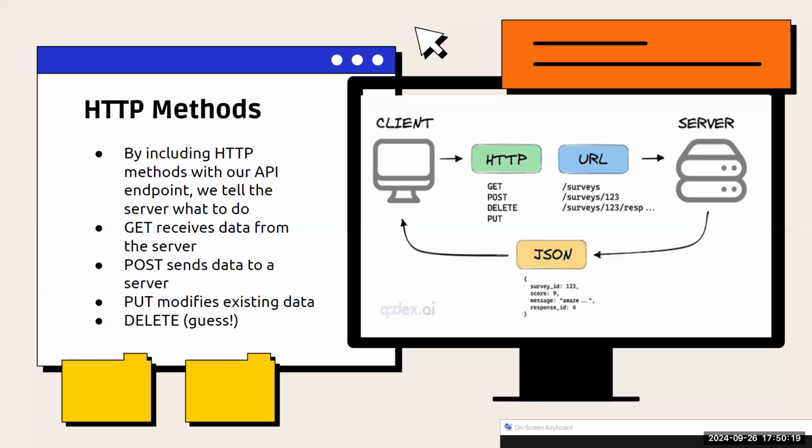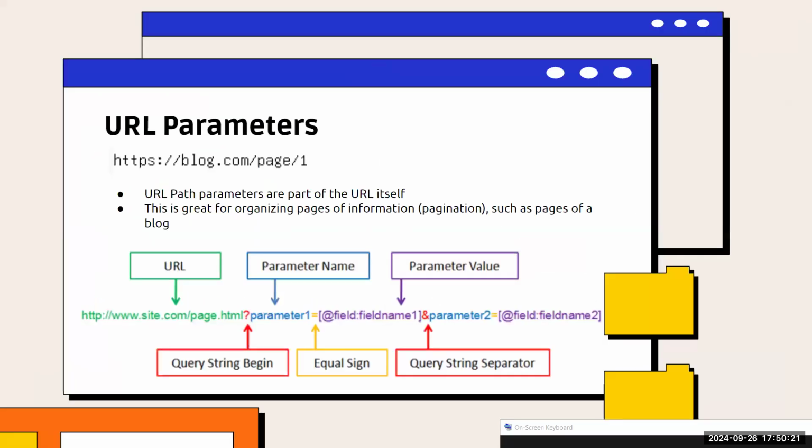Okay. So there's multiple different ways to actually send your data to the server. I know I've been talking about post and put and delete and all that, but there are various ways where you can tell the server what specifically you're asking it to do.